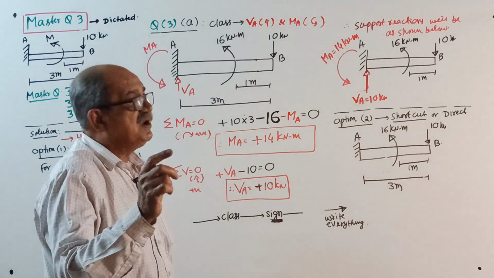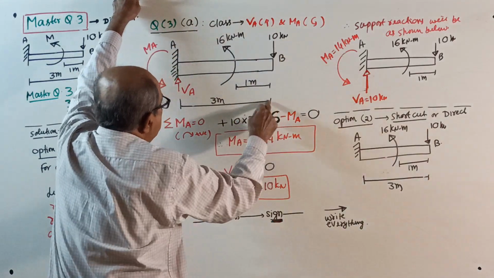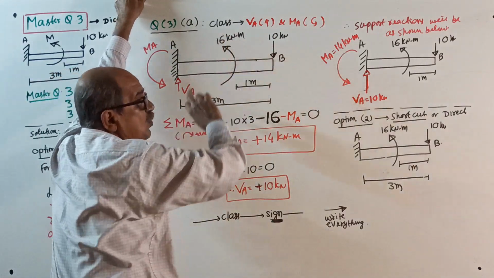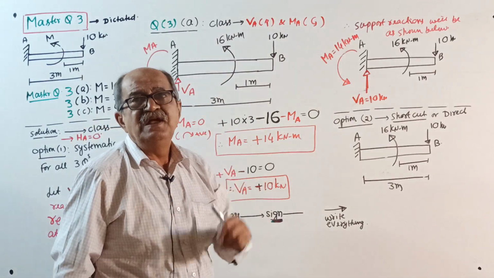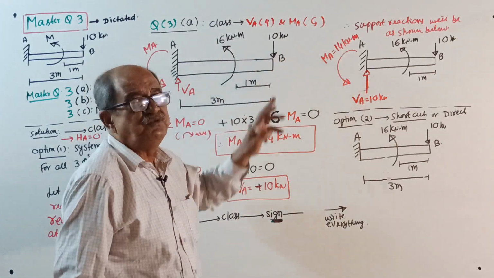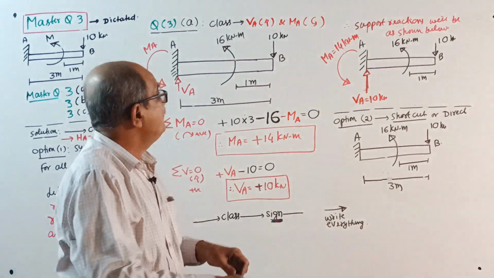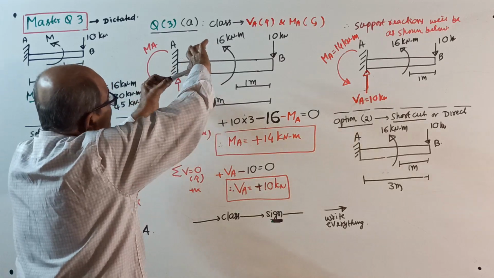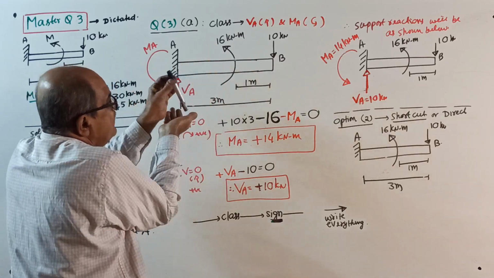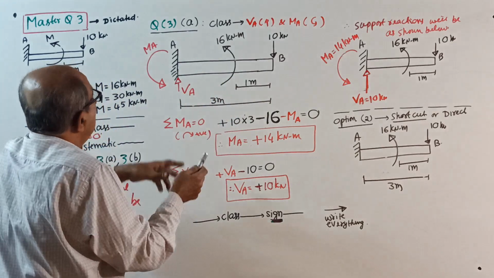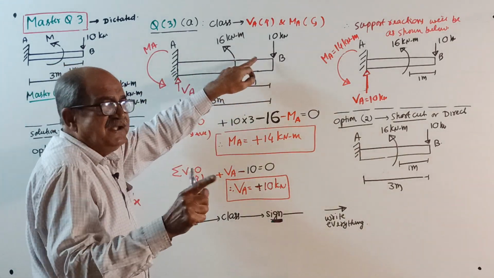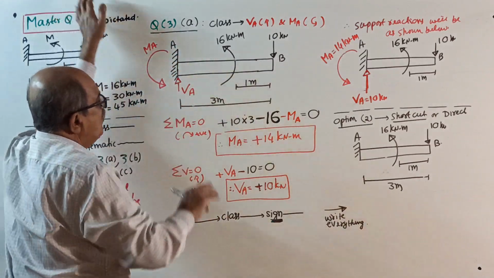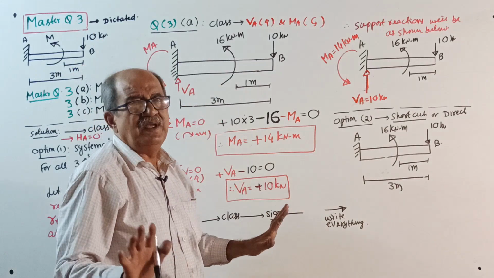If you observe correctly, 10 into 3 is 30 clockwise, 16 anti-clockwise. If they start fighting, which will win? Clockwise will win, because the load creates a clockwise moment of 30, and this is 16 anti-clockwise. Therefore the net will surely be clockwise. So balancing reaction anti-clockwise. Okay, you write it that way.